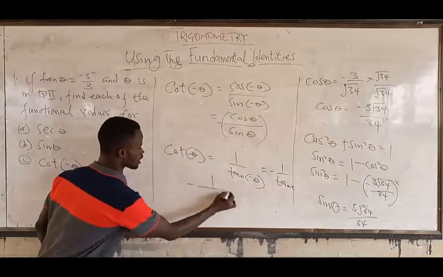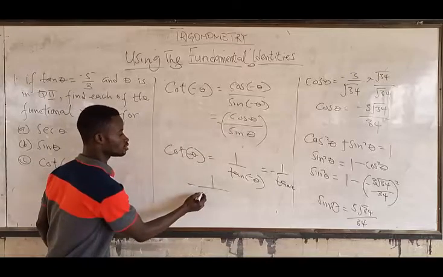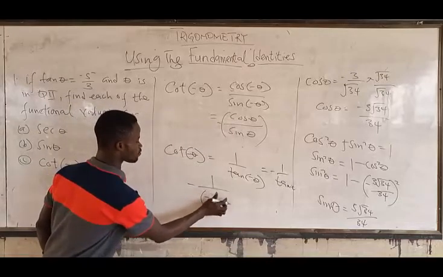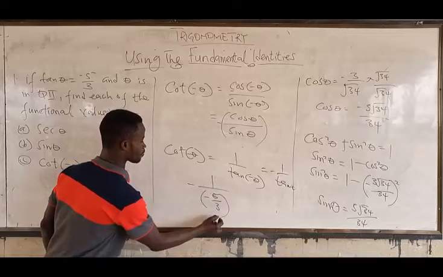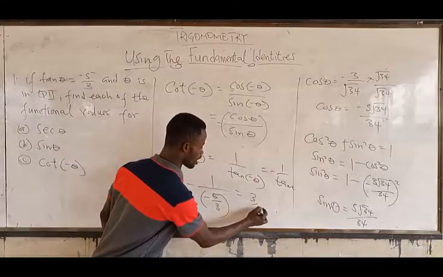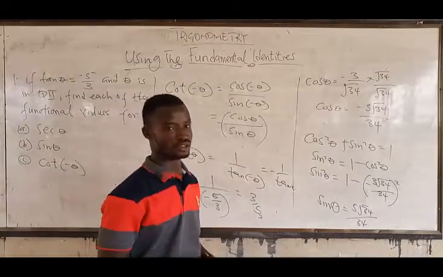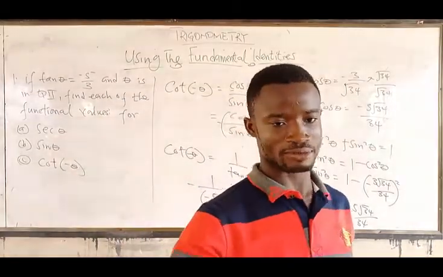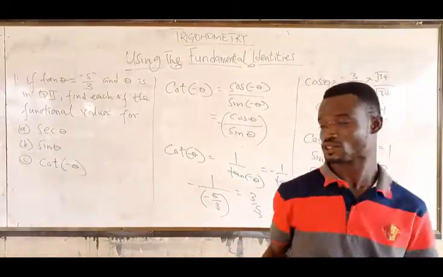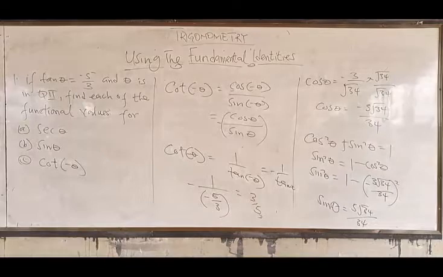And since we know tan, that's going to be easy for us than using cos and sine. And negative 5 over 3. So our final answer is going to be 3 over 5. So for cos negative theta, we are going to get 3 over 5. So that is all for the first question. I'll be back for us to solve the second one.